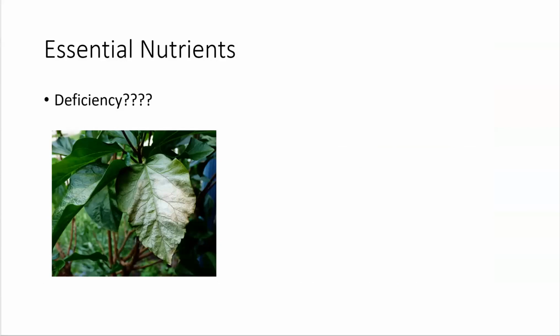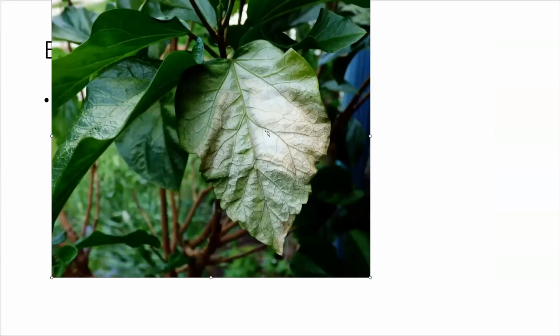This one, interesting. It's not yellow, but there's chlorosis. Okay, it's not yellow, but there is chlorosis. It's not uniform. Right? Sort of mottled through here. And it's not in or adjacent to the veins.